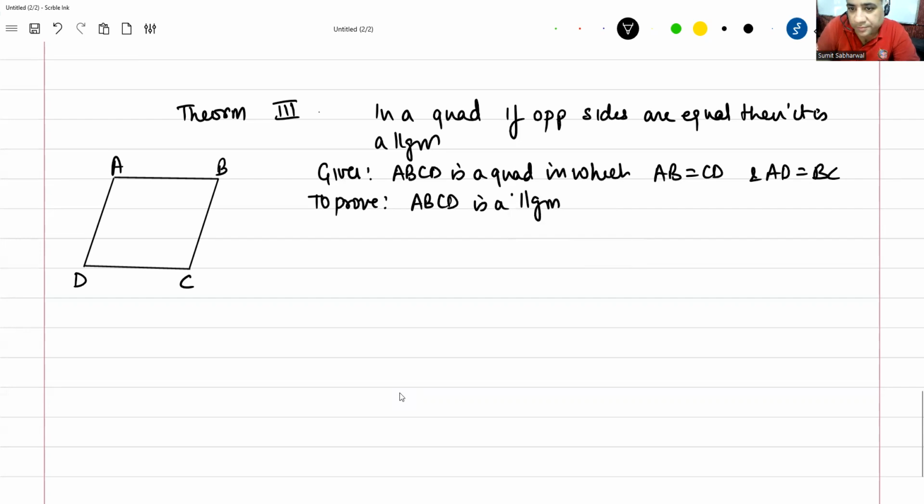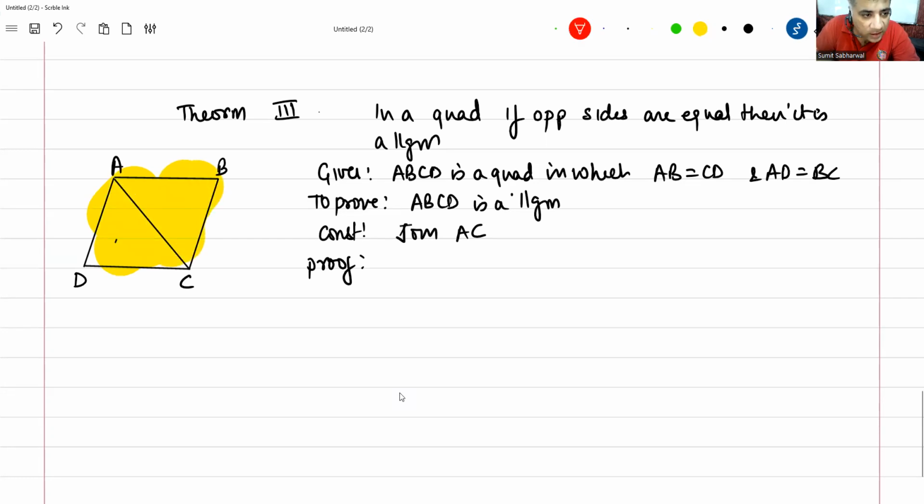How will we do that? Again, because it's a quadrilateral, we need to construct a diagonal, as congruency is going to help us in proving this quadrilateral a parallelogram. So we'll simply say, join AC.